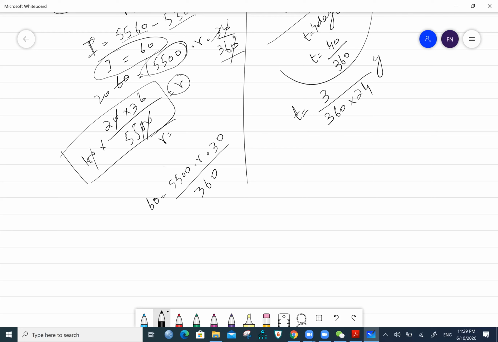I understand now, thanks. It is 20. You can solve for R: 60 multiplied by 360 divided by 30 times 5,500. This zero will go with this zero. Now you have 36 times 5, and you can do this calculation. It is very simple.